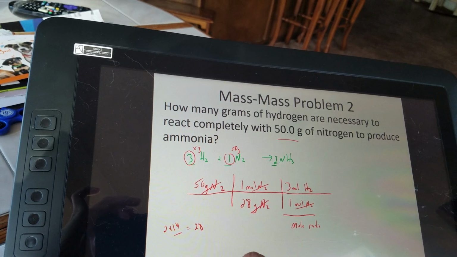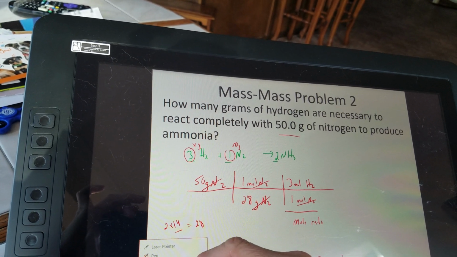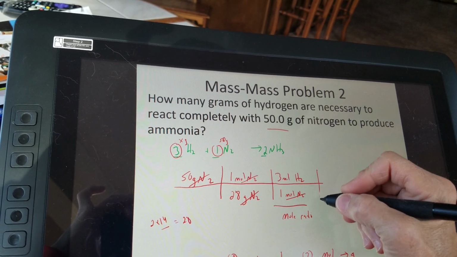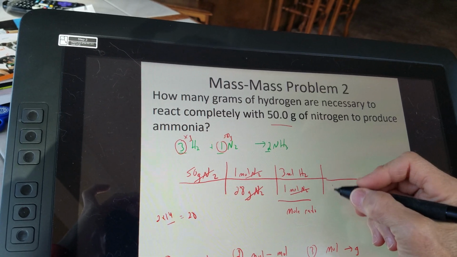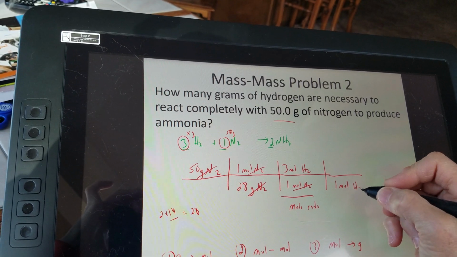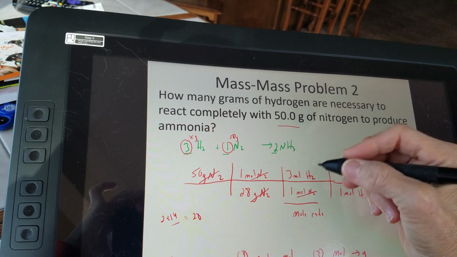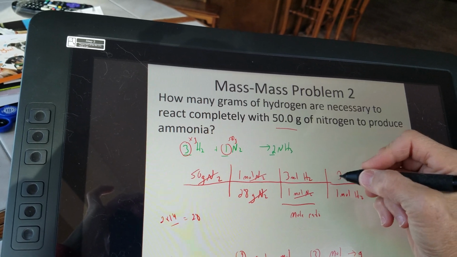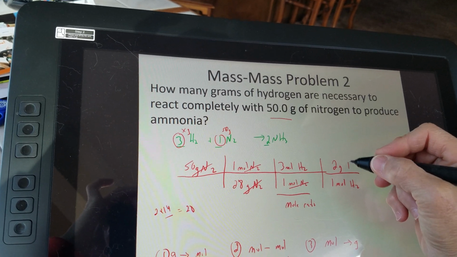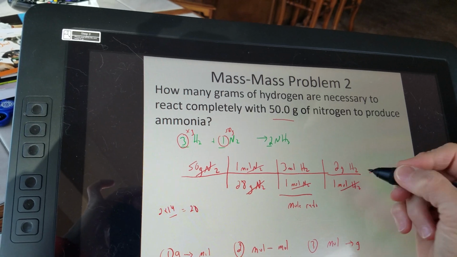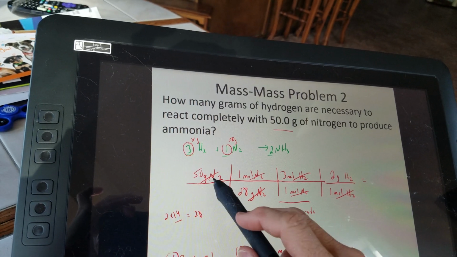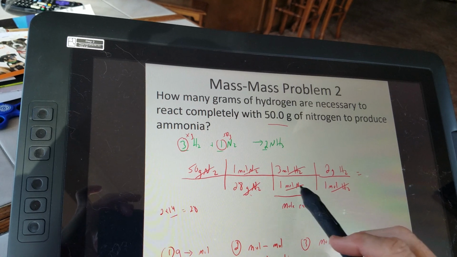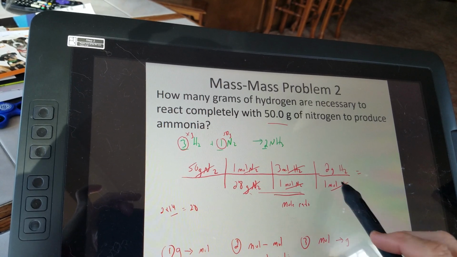All right, so once I get to the moles of hydrogen, then the next step is going to be getting my grams. So I know 1 mole of hydrogen is going to be equal to its gram formula mass. So each hydrogen is 1, but I have 2 of them, so it'll be 2 grams up here. Grams of nitrogen cancel, moles of nitrogen cancel, moles of hydrogen cancel.